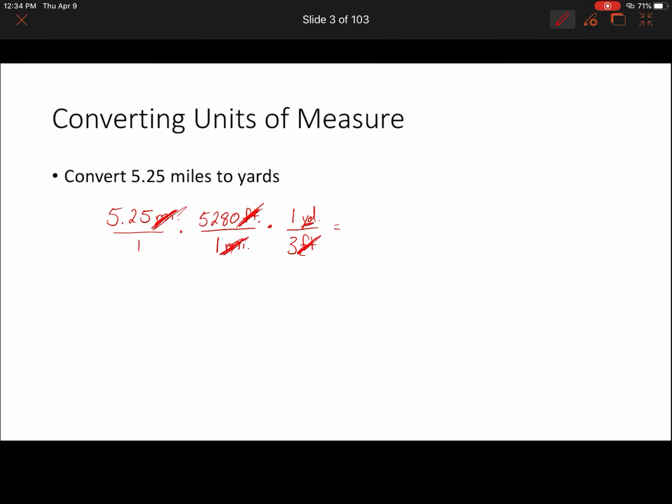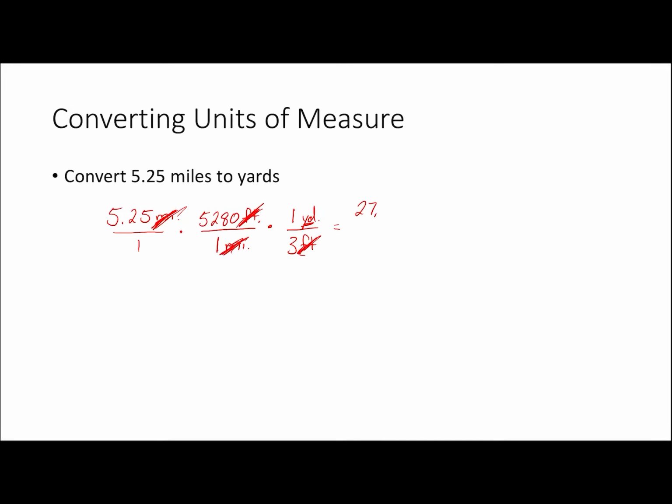And so if you multiply that together, what you'll see is that you're taking 5.25 times 5,280, and you're going to get 27,720, and then you're dividing that by 3. And that should give you a total of 9,240 yards. And so that should be how many yards we have.